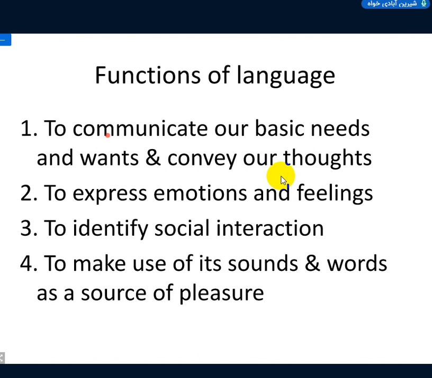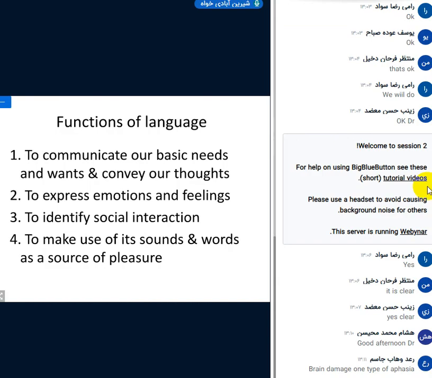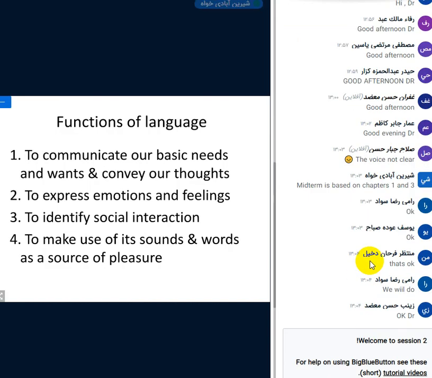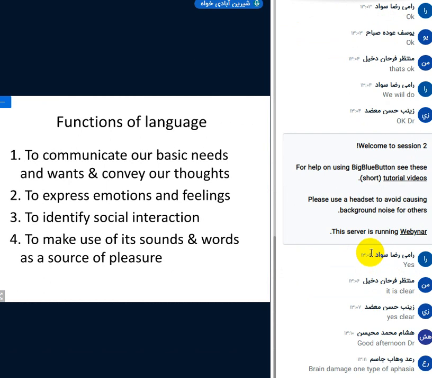We can even express our emotions and feelings. And we can identify social interaction. People interact with each other. It is not just an individual act.